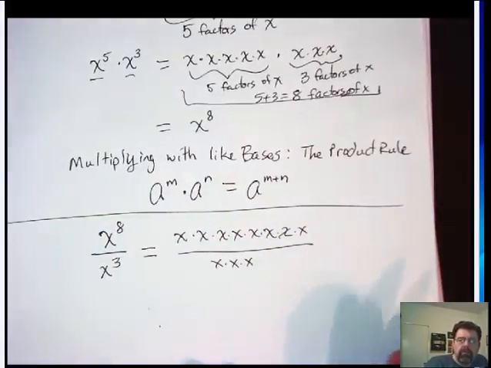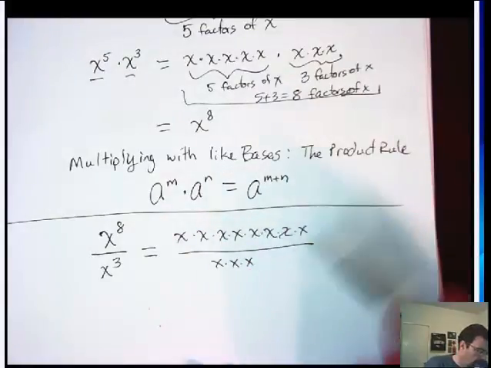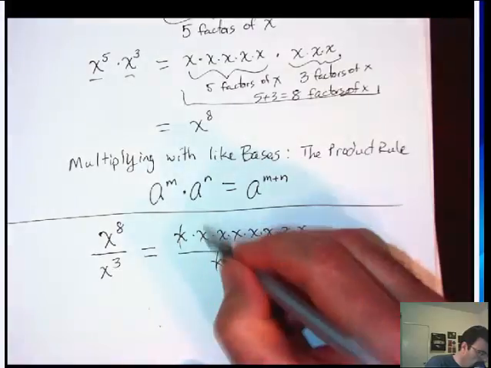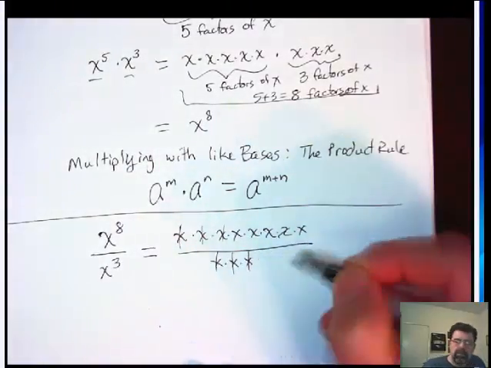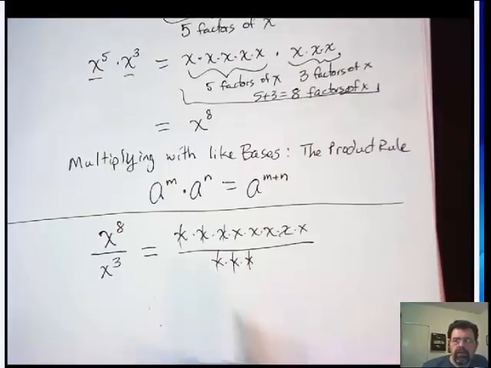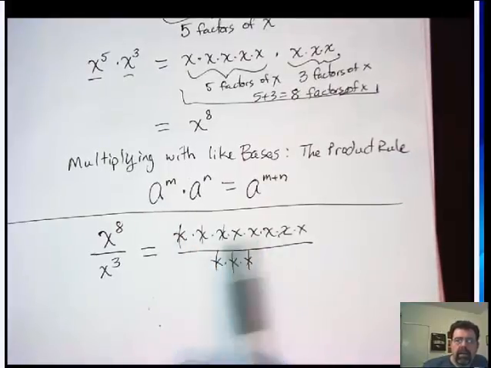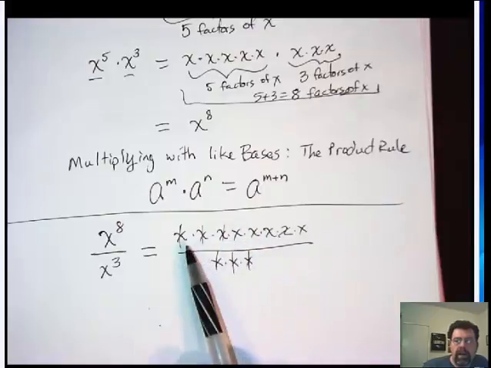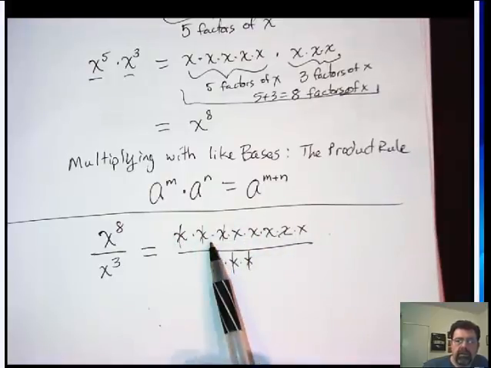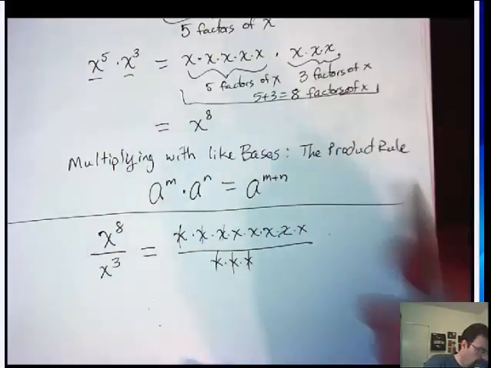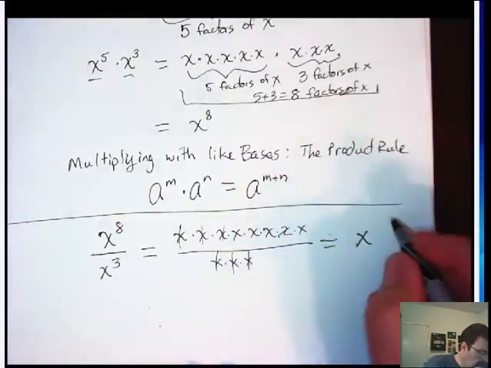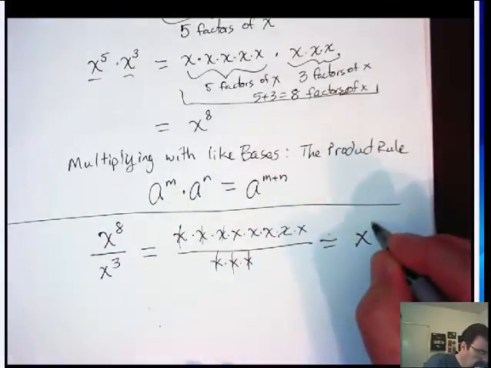So we know from simplifying fractions that if it's all factored out, we can cancel one factor on top for one factor on bottom. Since they're all x's, if I have 3 on the bottom and 8 on top, I can cancel 3 of them, 1 on top for 1 on bottom. So if I had 8 total on top and I canceled 3 of them, 8 minus 3 would leave me 5. So again, a shortcut, instead of writing it all out this way, is I would just subtract the exponents.